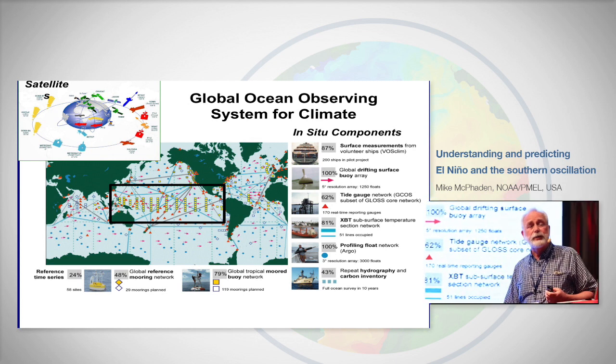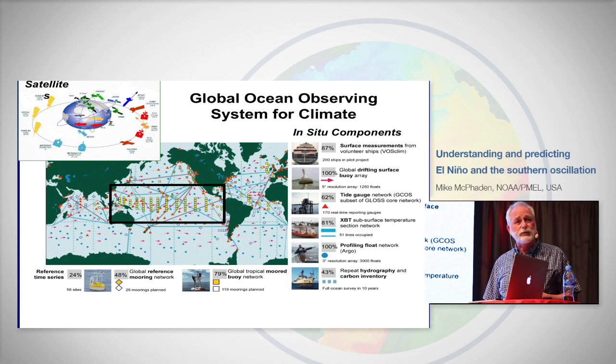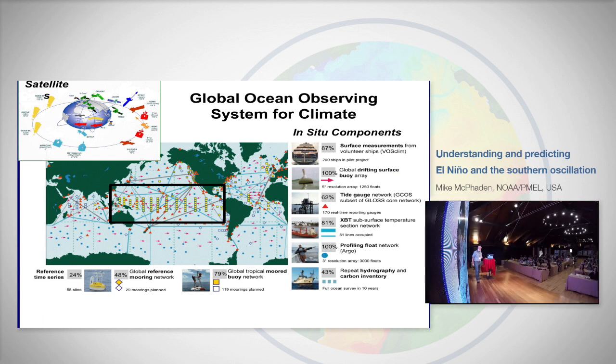But you need to measure in the ocean as well, because satellites don't penetrate below the surface. And there are some things they don't measure at all. For example, air temperature, they don't measure directly. They don't measure humidity. So you need in situ measurements as well.